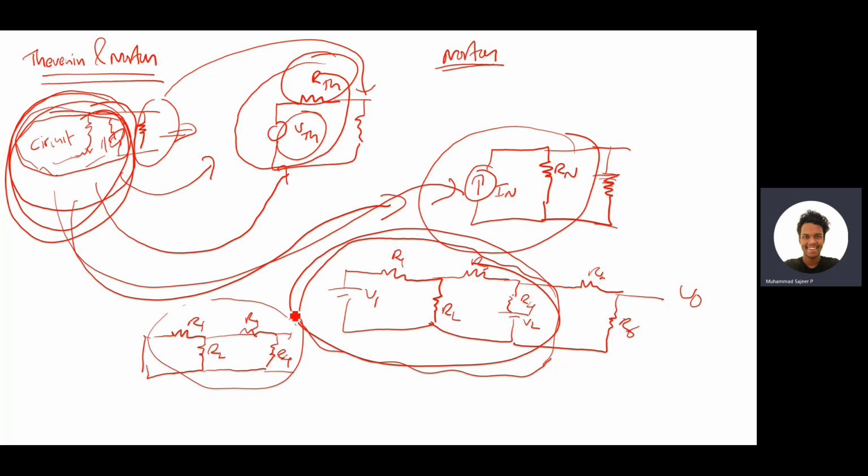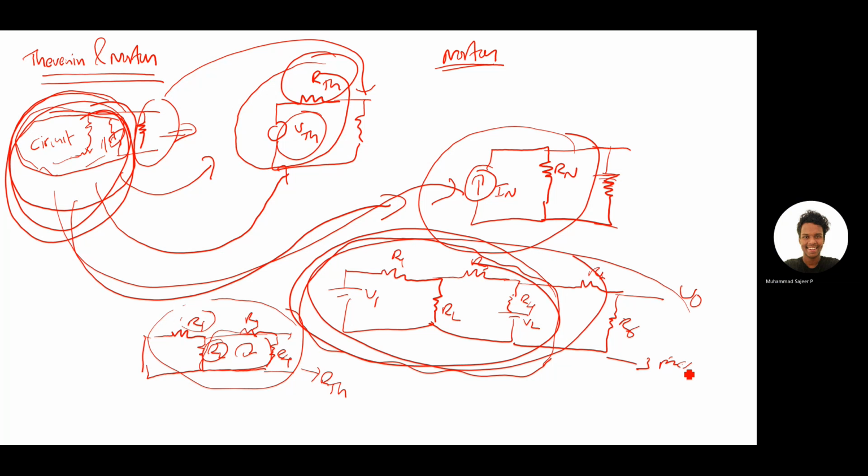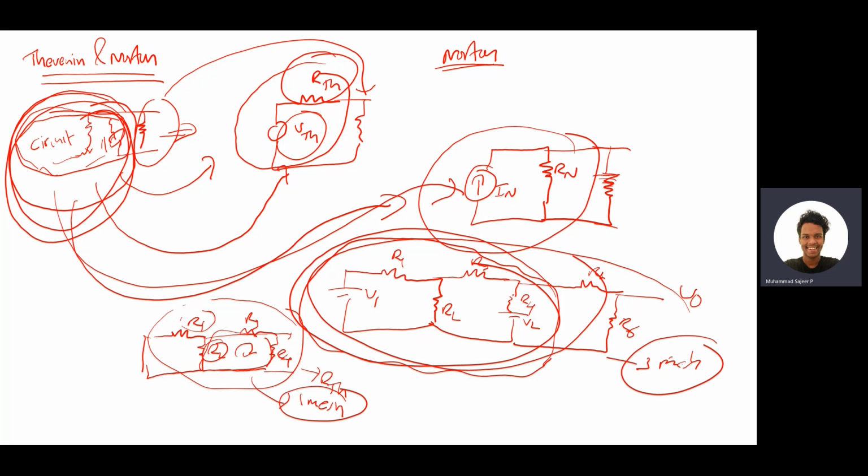This equivalent circuit we will do, and we'll get the Thevenin. If you see, this is only one mesh, since R1 and R2 are parallel, so you can make it one. So this big circuit was actually a three mesh problem, but now it is one mesh.